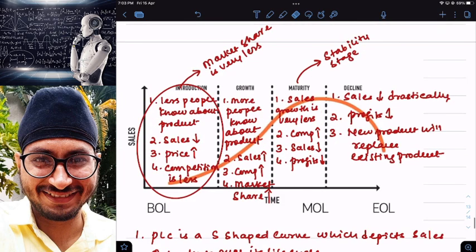Clear? It depicts what the sales will be during the introduction stage, during the growth stage, during the maturity stage, and during the decline stage.